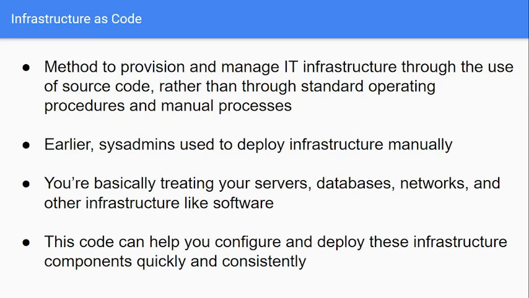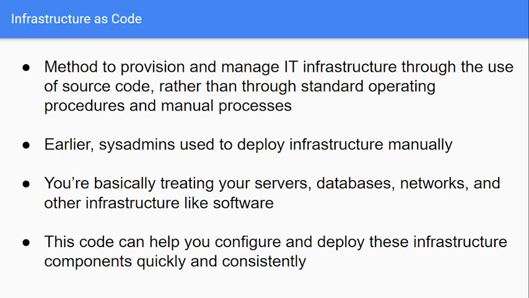So what is infrastructure as a code? It is a method to provision and manage IT infrastructure through the use of source code rather than through standard operating procedures and manual processes. Earlier, and even now, most of the sysadmins deploy the infrastructure manually.